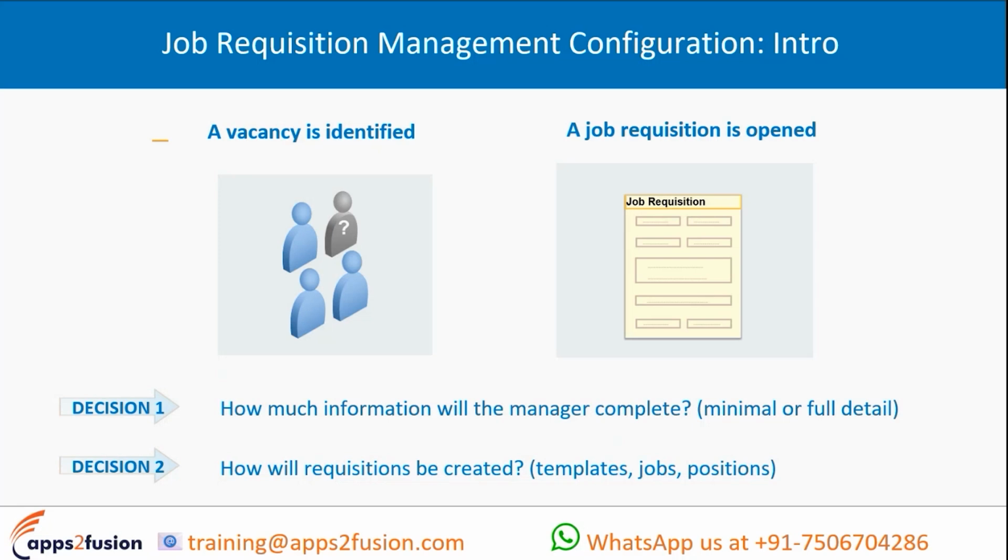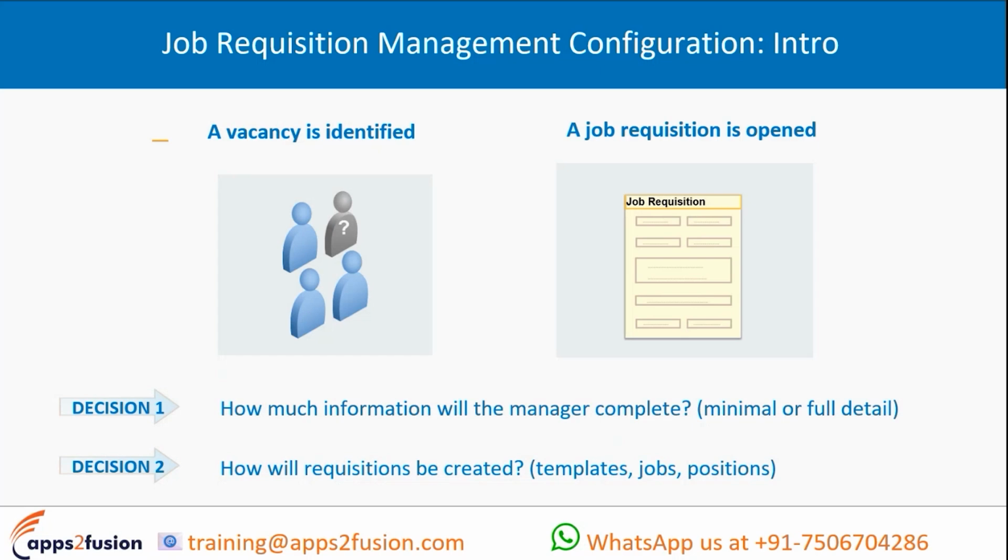So at that point of time, we can take a decision whether the line manager should complete the whole application, or we can provide them some minimal information just for initiating purposes. We can provide them some basic information, and the rest of the specific information the recruiter or the collaborator can complete.